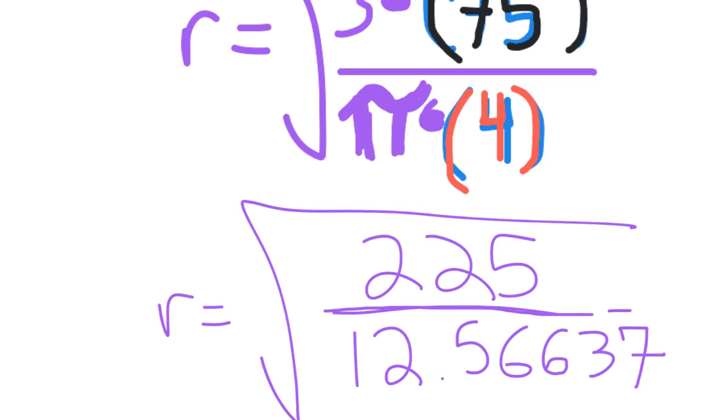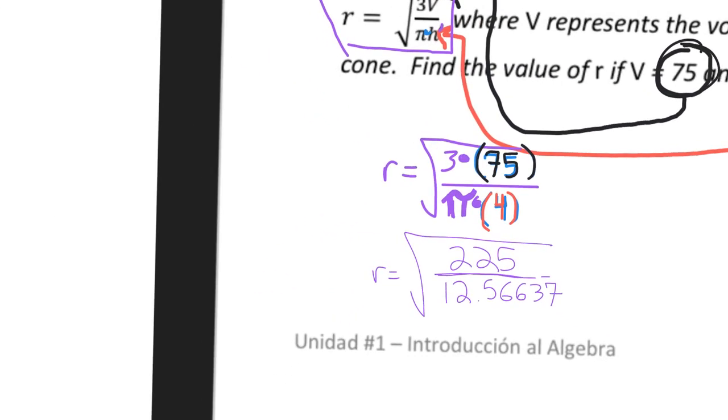Okay, now we're going to divide these two numbers because they're within the square root. The square root is square rooting not just the top, not just the bottom, but everything. So that's why we have to divide first. Zoom out.